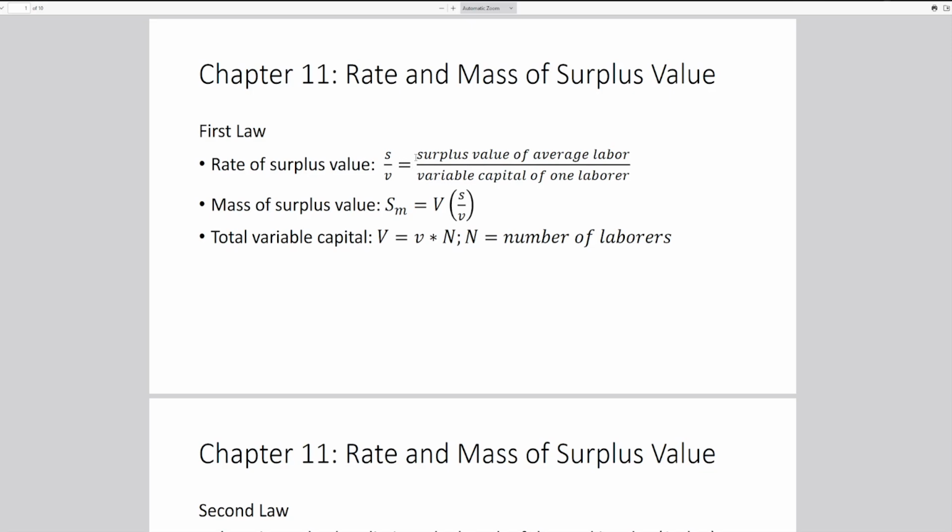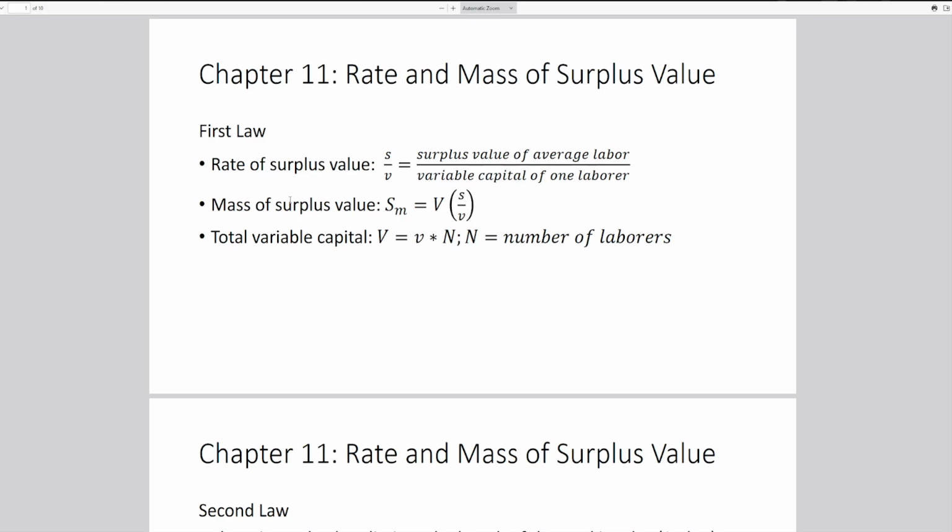You can be making, say, $200 in surplus value and paying your worker only $100 in wages, and therefore this ratio would be 200%. So it can definitely be higher than one, or 100%. Again, I like to think of it in terms of how efficient you are as a capitalist at exploiting your laborers.